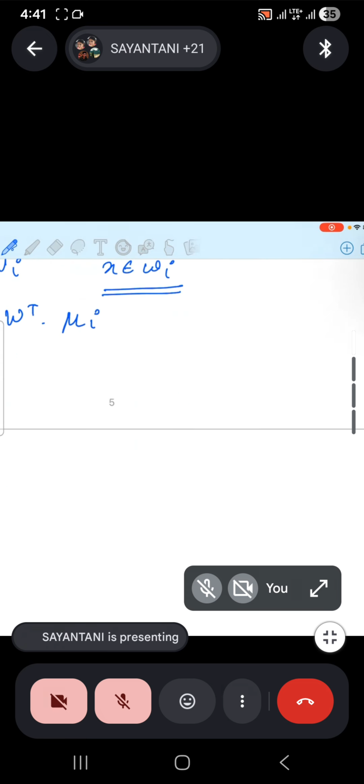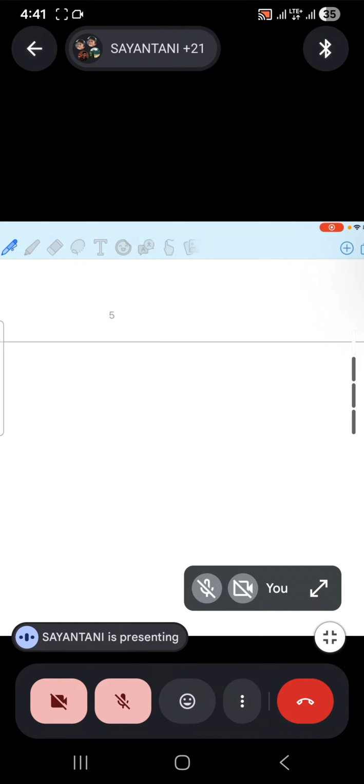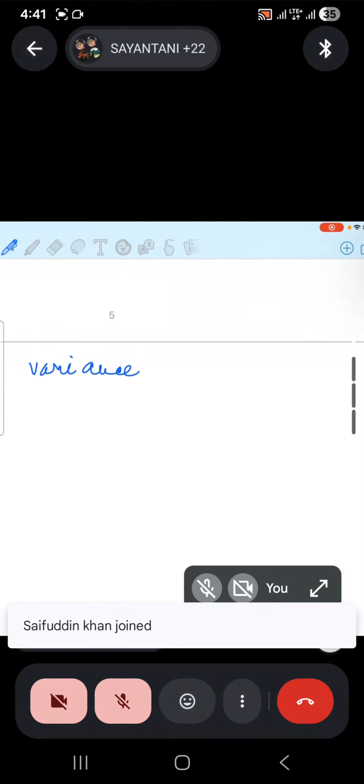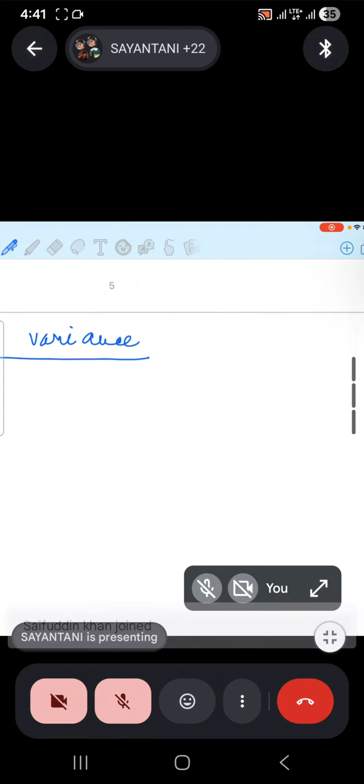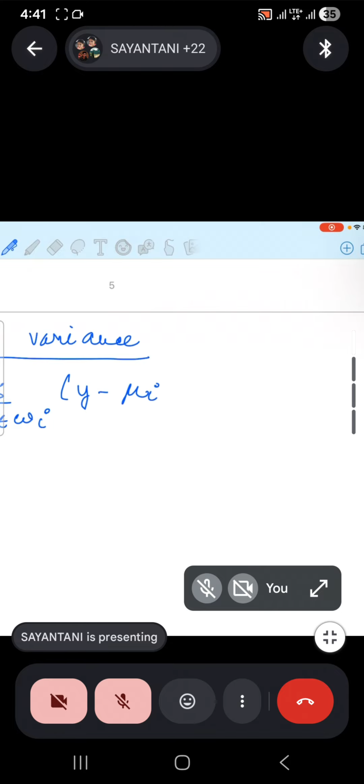Okay. Now you have to calculate the within-class variance. So it is Si tilde. This is the generalized form.